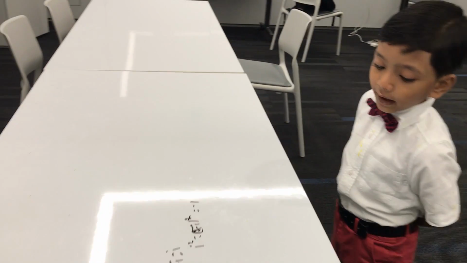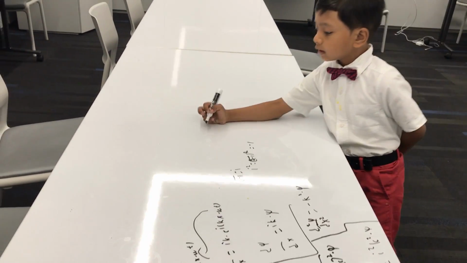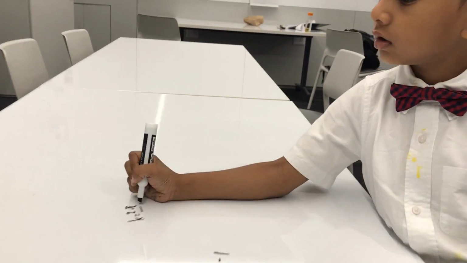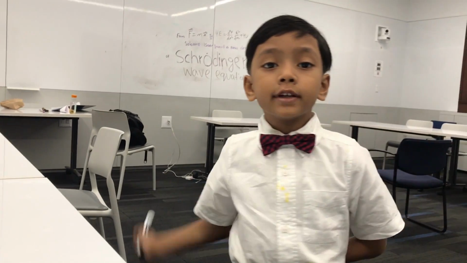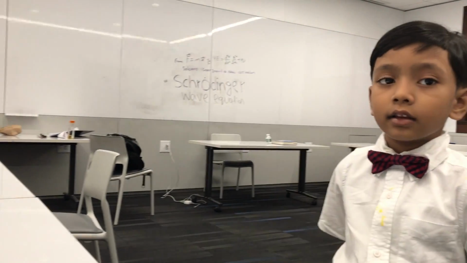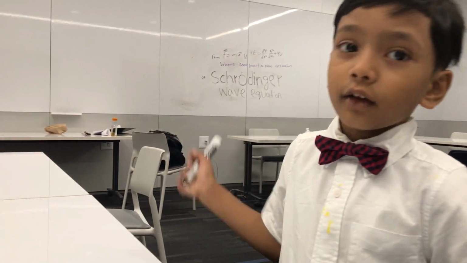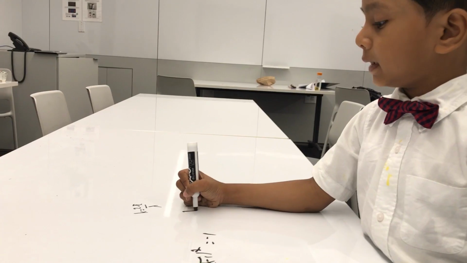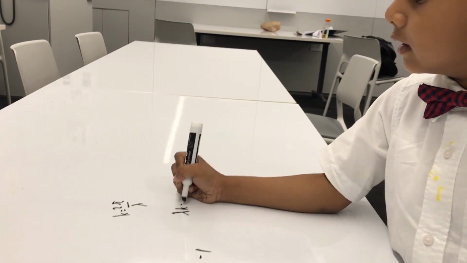Now, we have to find k. So k is 2 pi over lambda. Now, we cannot just run off with just this explanation. We have to go through a long process. Not very long though. First, let's do cross multiplication. Lambda k is 2 pi.